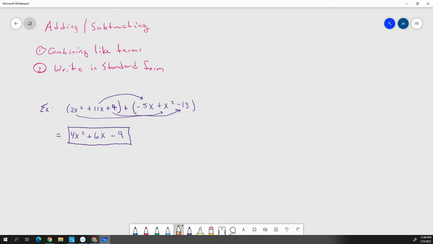When we subtract, though, things become a little bit more complicated, right?